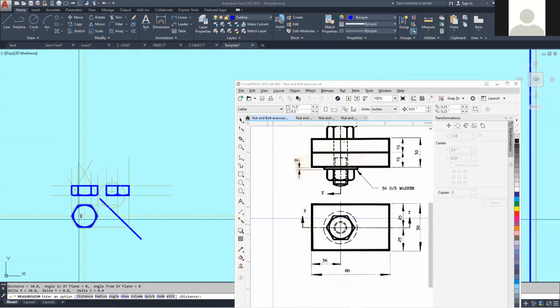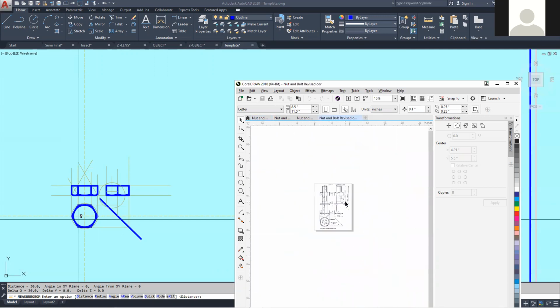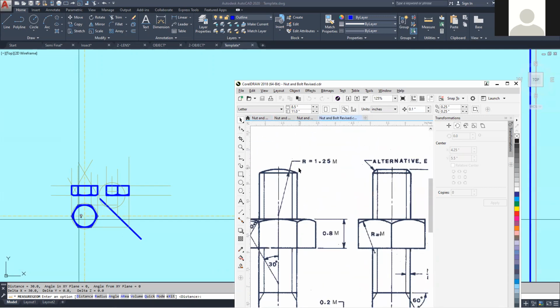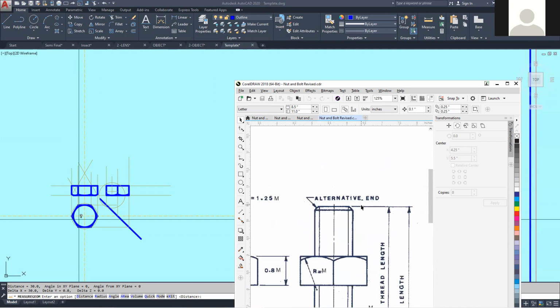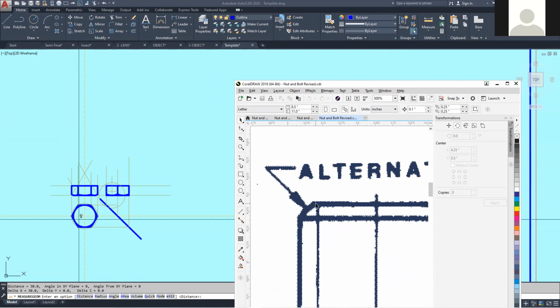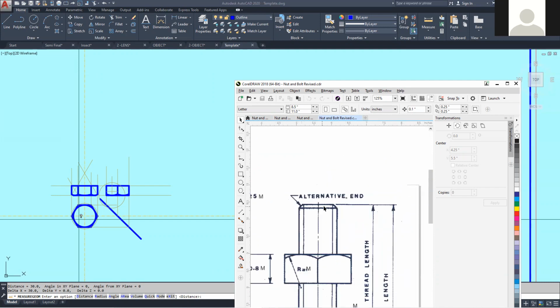One more thing I could show you here: to get this curve, they use 1.5 M. But the faster thing to do is just to draw a 45-degree line from the end of the thin lines, and you square it off like this.